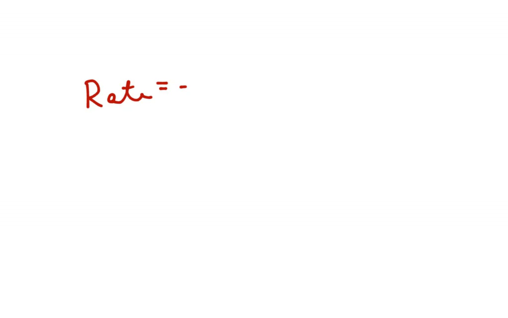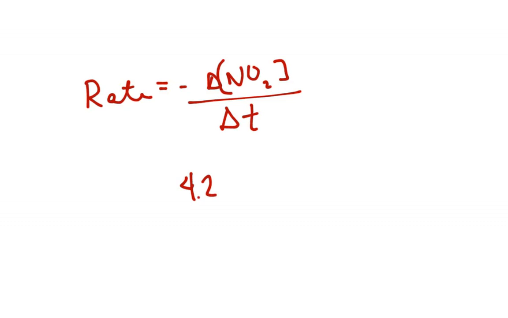Because we know that it should be going down. So my answer to this then is going to be 4.2 times 10 to the negative 5 molar over seconds. Okay?